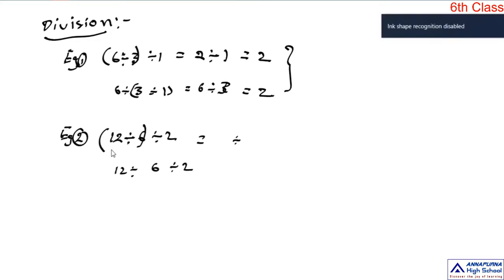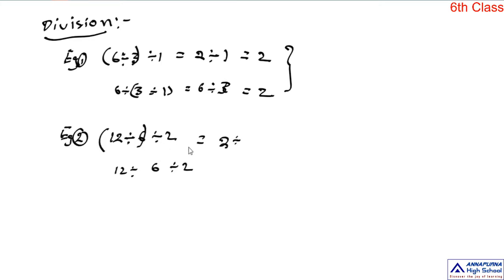Sorry, 12 divided by 6, 6 2s are 12. 2 is the answer. Next, we divide 2 divided by 2. 2 by 2, 2 ones are 2. 1 is the answer.